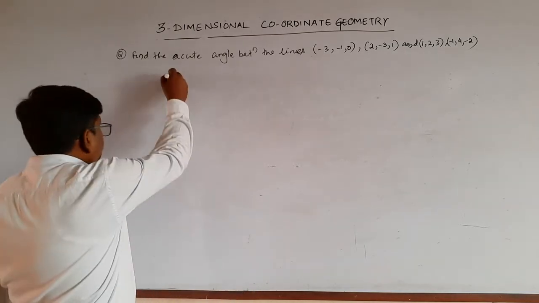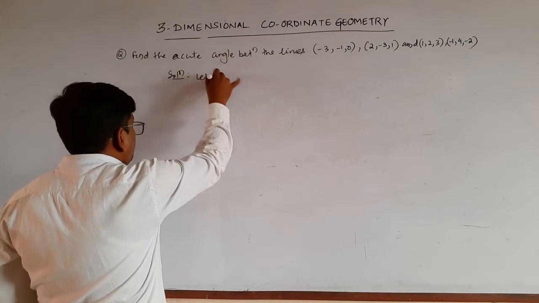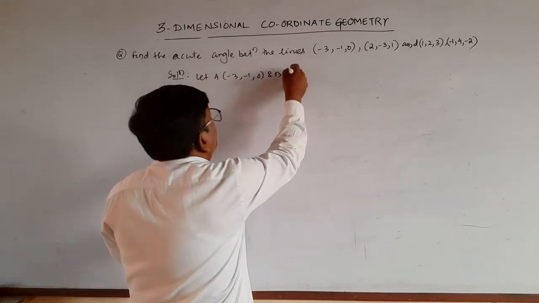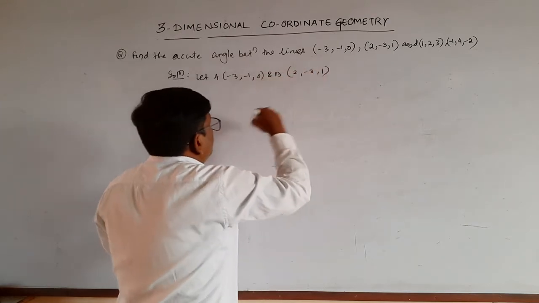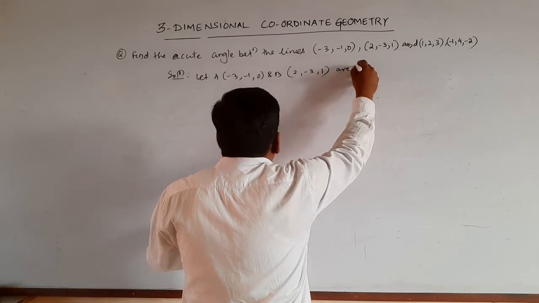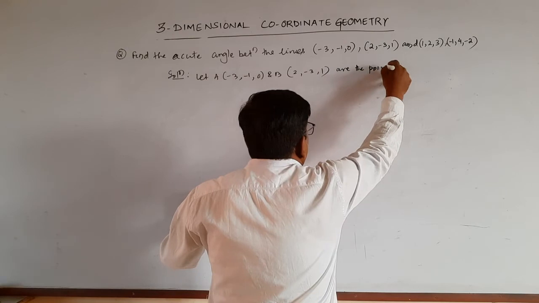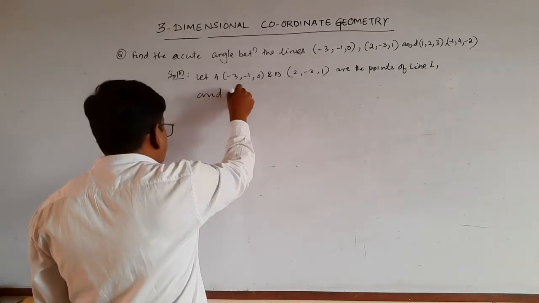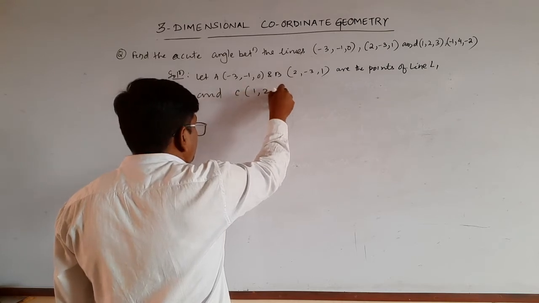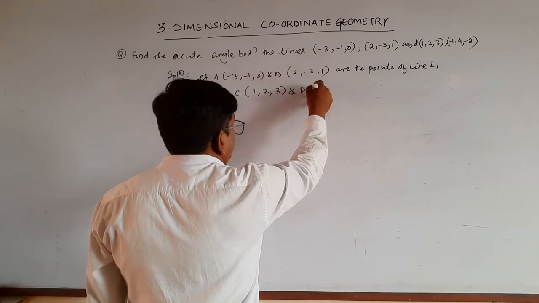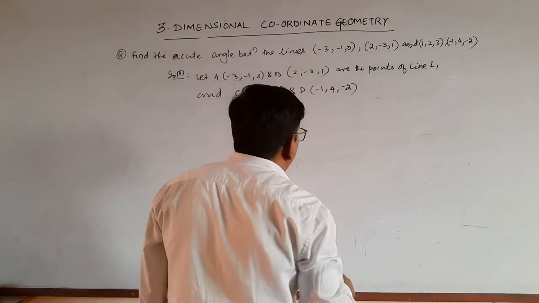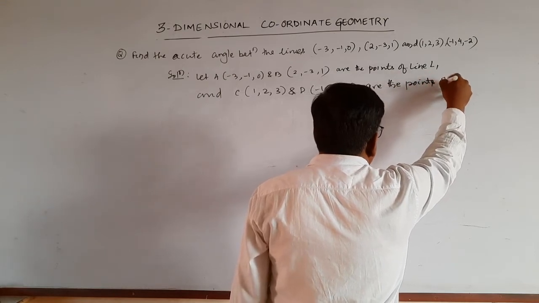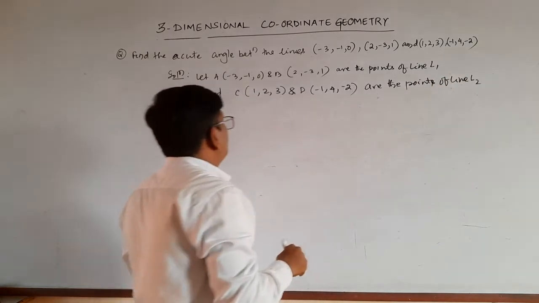Solution: let A(-3, -1, 0) and B(2, -3, 1) be the points of line L1, and C(1, 2, 3) and D(-1, 4, -2) be the points of line L2.